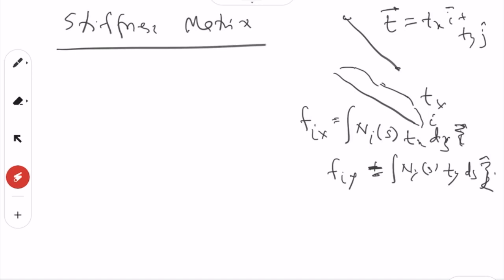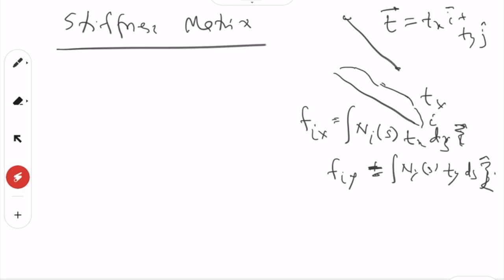Similarly you take the y component, integrate, and get the y component. You can also work with the scalar value as you did in heat transfer. The difference is only that here it is a vector, earlier it was a scalar, otherwise it is the same thing.